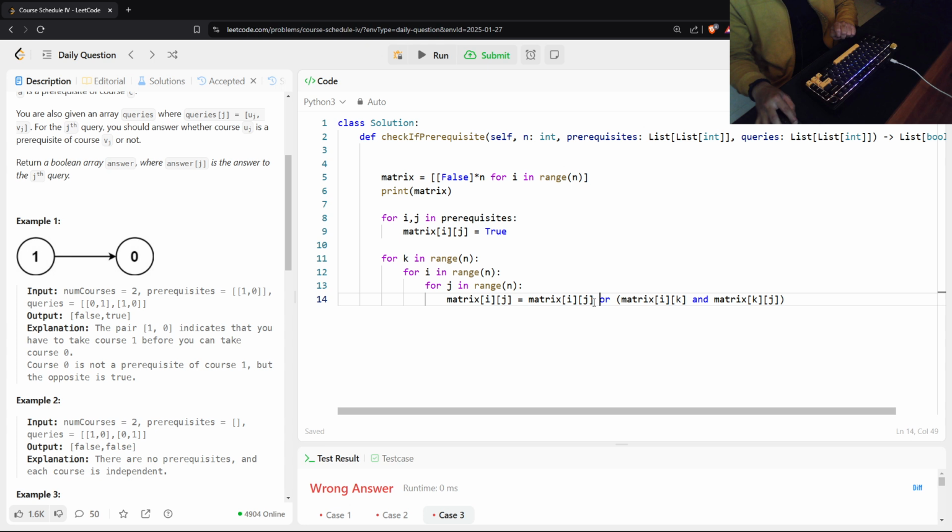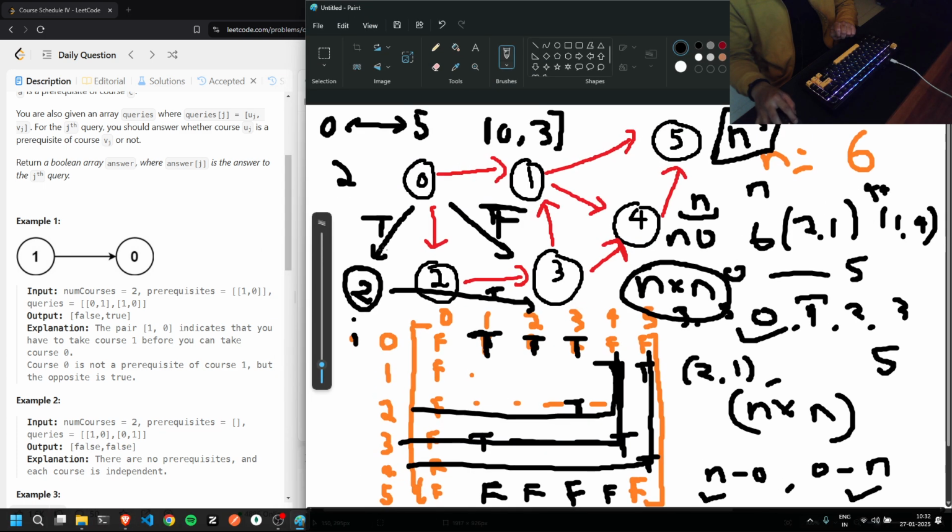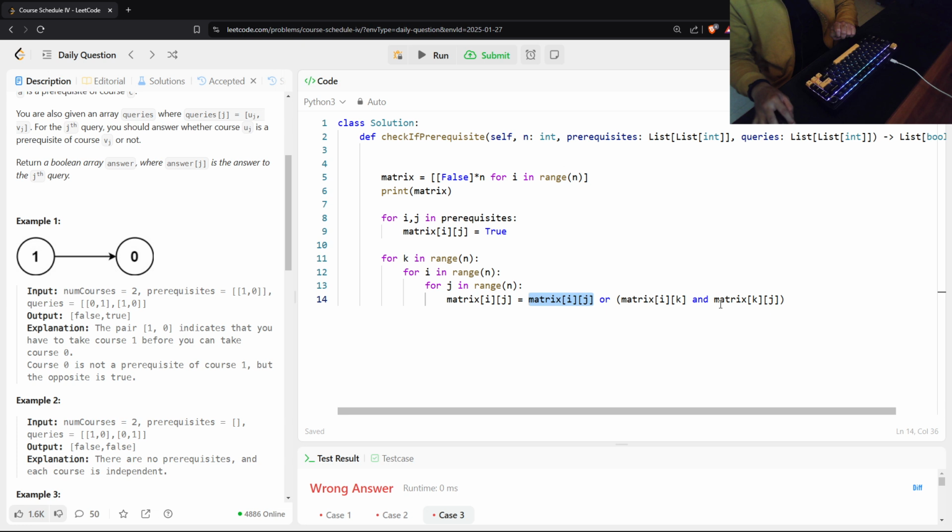Initially this value is set to false, but for intermediate node 2 we saw that 0 and 3 are connected. How? Because 0 and 2 are connected, as we saw in this case, and 2 and 3 are also connected. That is why we are taking an AND connection. Both these connections need to hold via k. So i has to be connected to k and k has to be connected to j. Only then can we say that i has been connected to j.